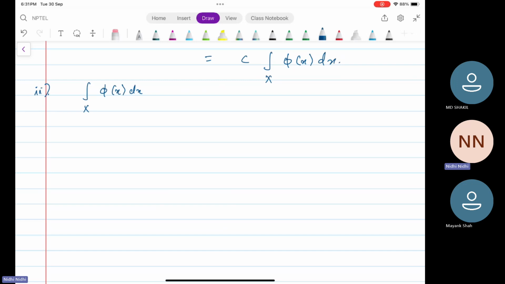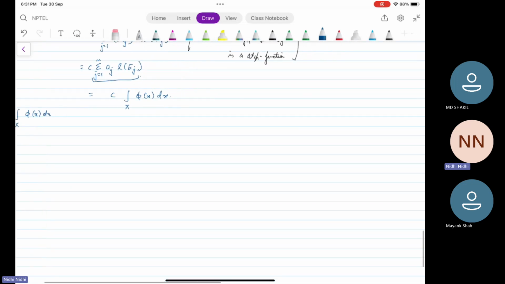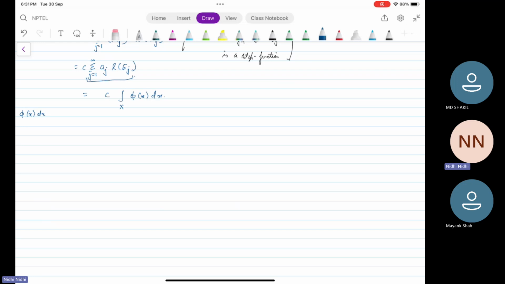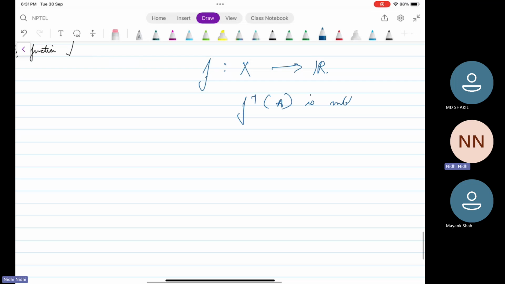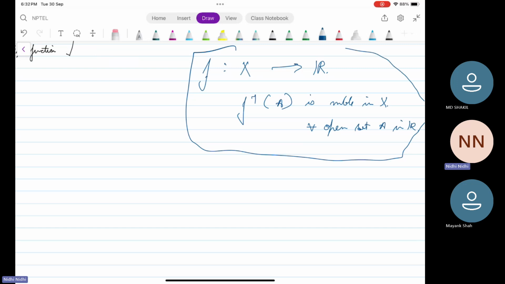I have studied measurable functions from a subset of real numbers, not on a general structure. In general, what I can remember is that when we have functions from some measure space X to R, we call the function f measurable if f inverse of A is measurable in X for every open set A in R. It's something similar to continuity.